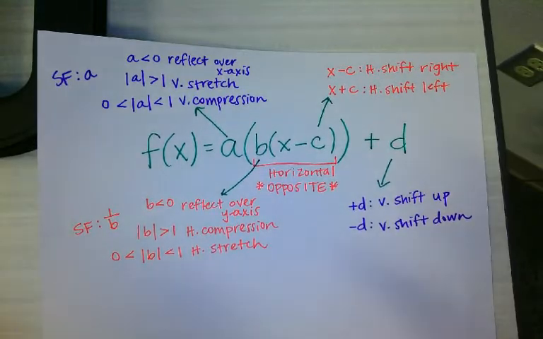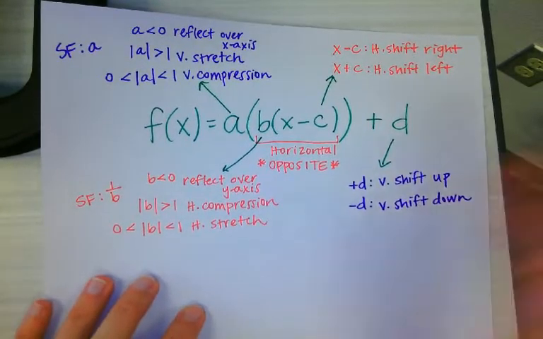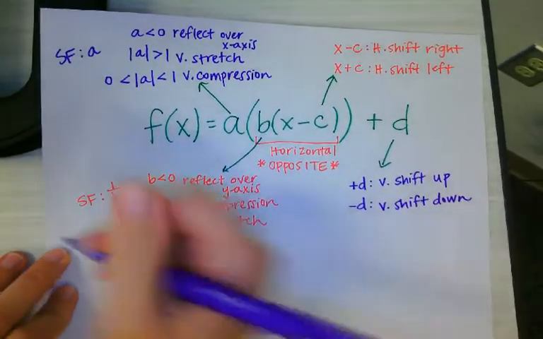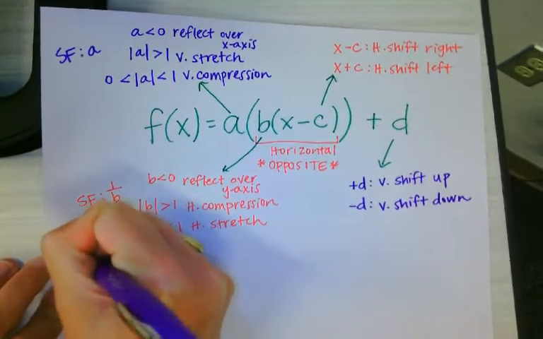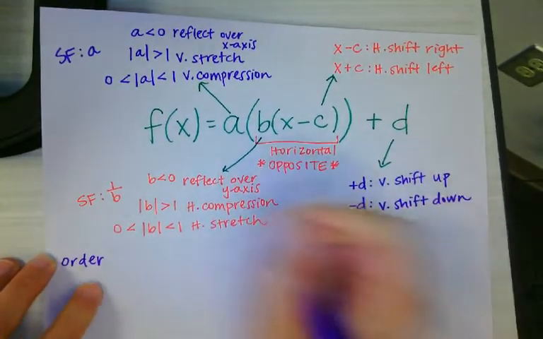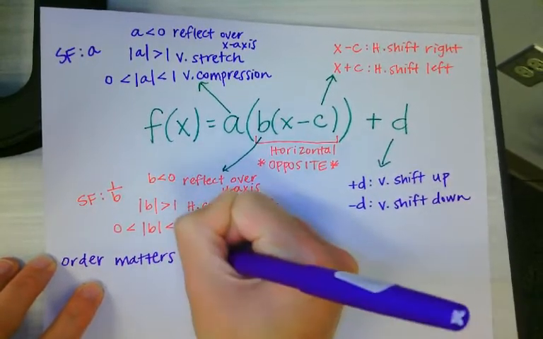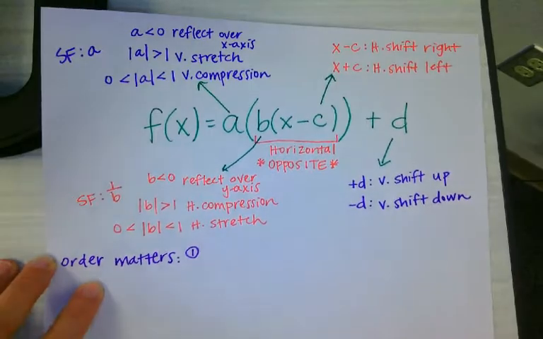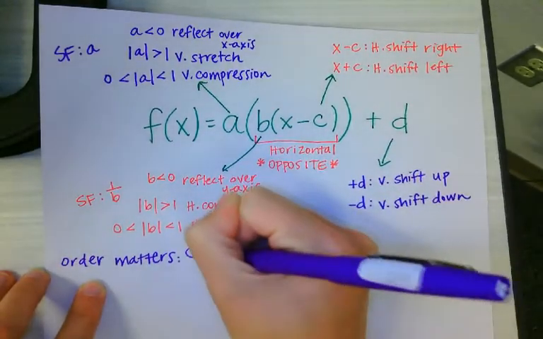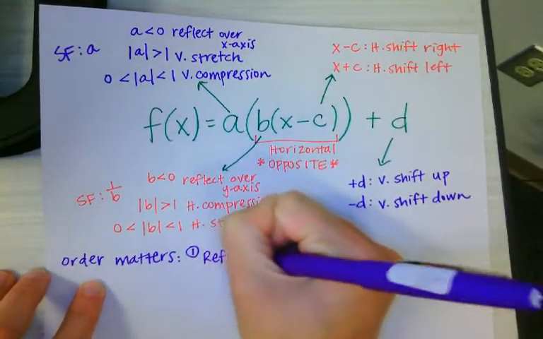Okay, great. So this is a summary of all the ways we could change an equation. It's important that we start thinking about these in the right order. So the order that these operations happen on the equation matters. The first transformation that always happens are all reflections.